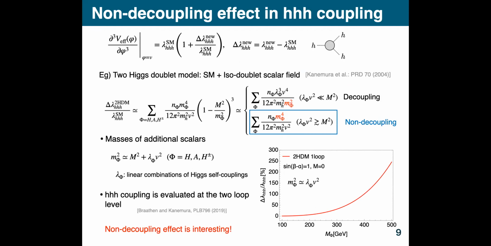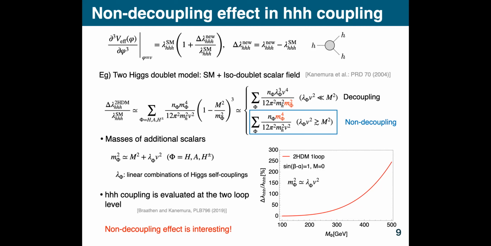Okay, so next I'd like to discuss the relation between the first order electroweak phase transition and the triple Higgs boson coupling. The triple Higgs boson coupling can be calculated by using the effective potential at zero temperature. When we consider an extended Higgs model, in general, this coupling can deviate from the standard model prediction like this.